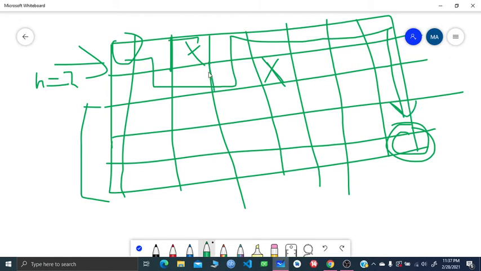But if their blockage column distance, I'm only taking the column distance, is equal to 1 or equal to 0. Why equal to 0? It might happen that the blockage looks something like this, two consecutive blockages.